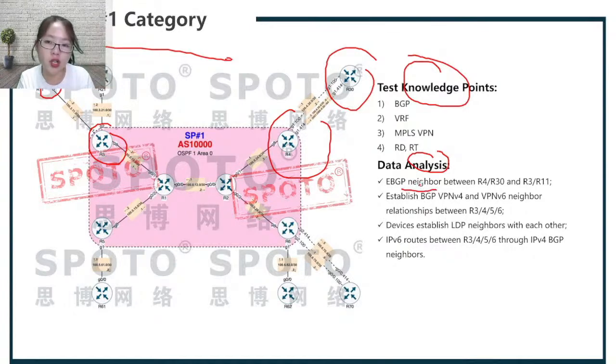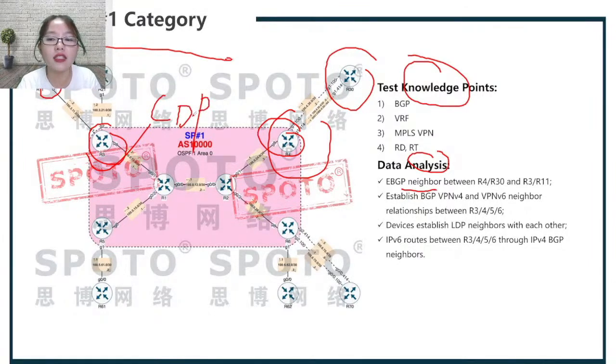You also need to establish BGP VPNv4 and VPNv6 neighbor relationships between these devices, router 3 and router 4, and router 5 and router 6. Thirdly, devices establish LDP neighbors with each other. And finally, IPv6 routes between router 3, router 4, router 5, and router 6 are transmitted through IPv4 BGP neighbors.